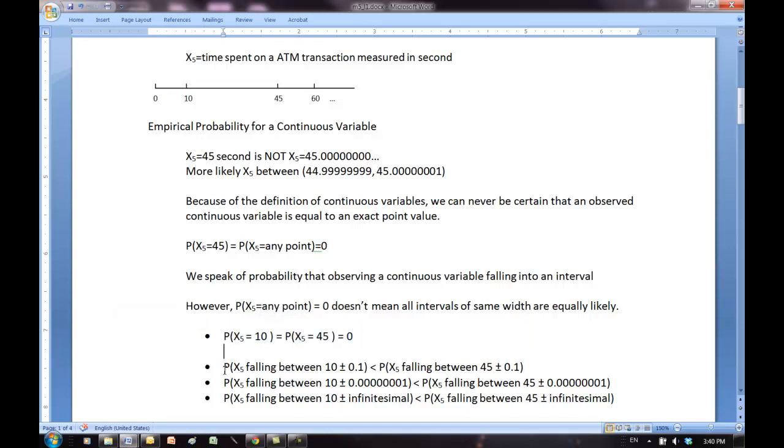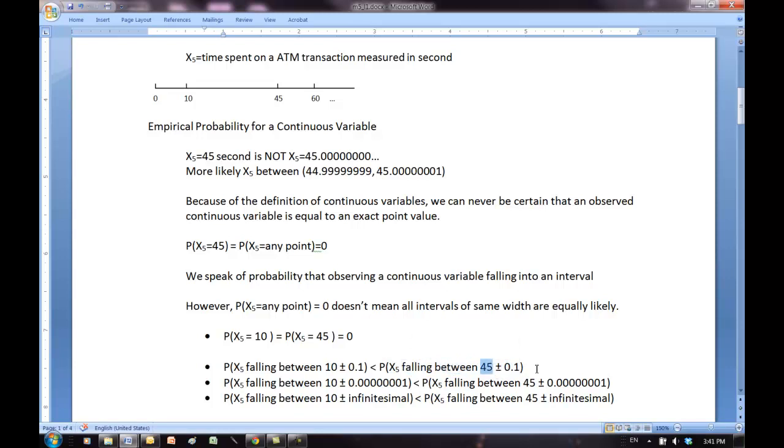However, based on our experience, this is likely to be true, meaning the chance of the time spent falling within a small interval centered at 10 seconds is less than the chance of it falling within an interval centered at 45 seconds.